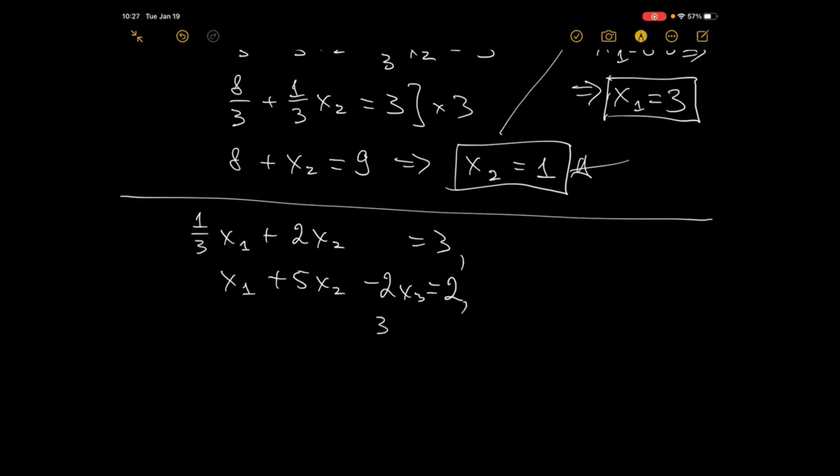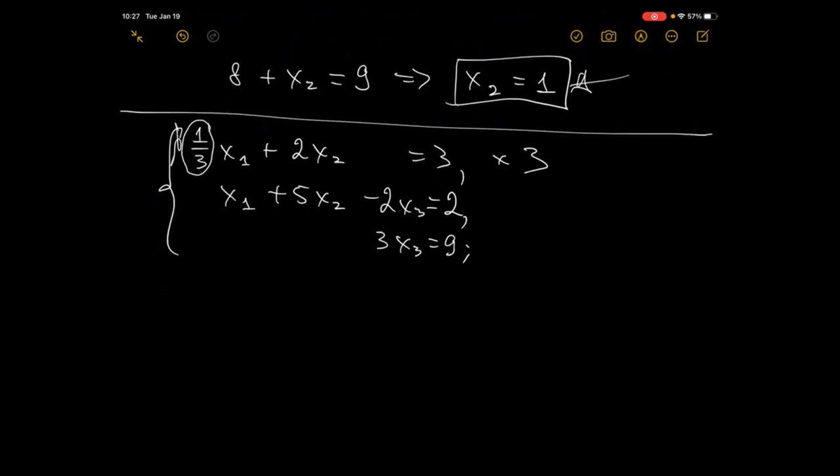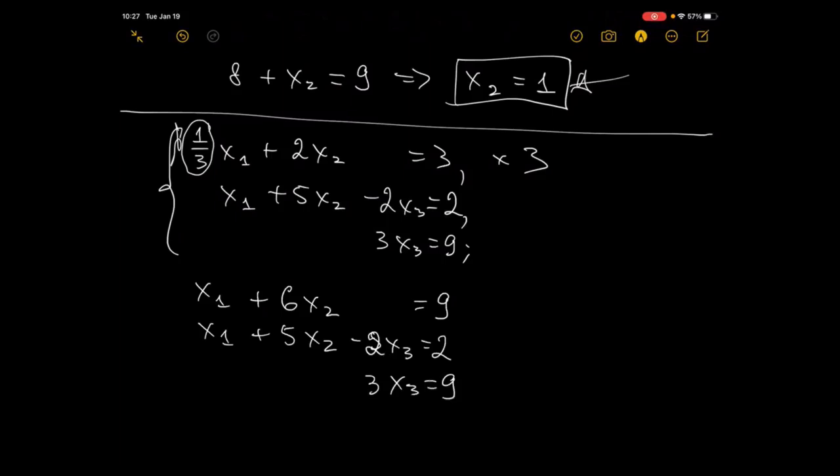And 3x3 equals 9. First of all, let me get rid of this 1/3 here. Let me multiply all this by 3. So then I'm getting x1 plus 6x2 equals 9. x1 plus 5x2 minus 2x3 equals 2. 3x3 equals 9.